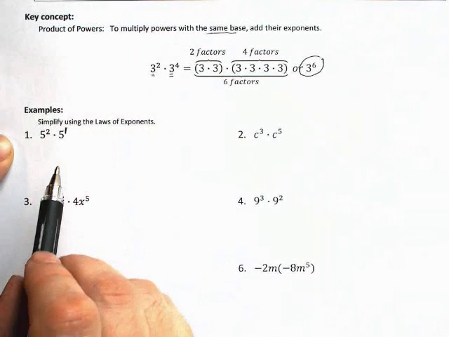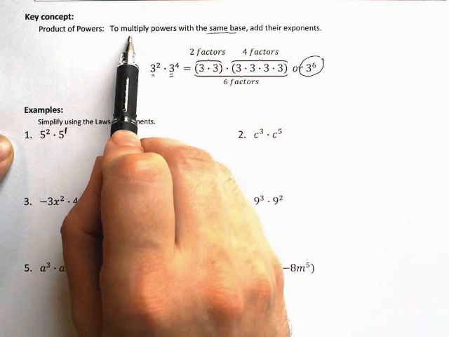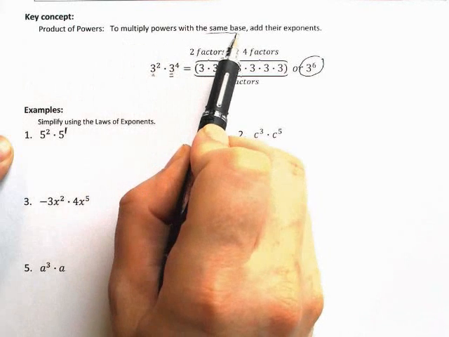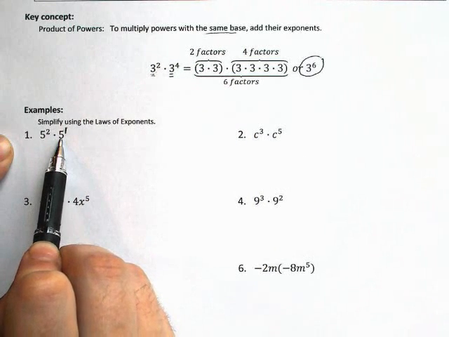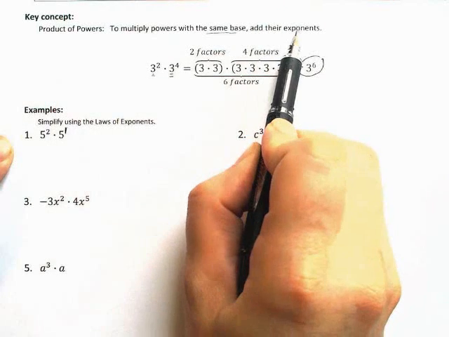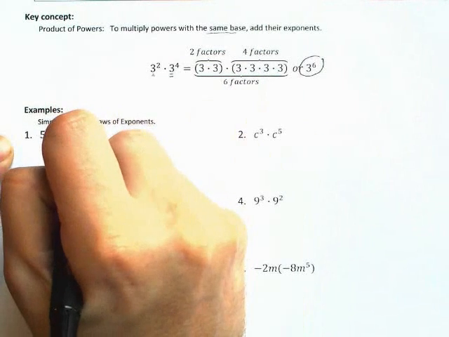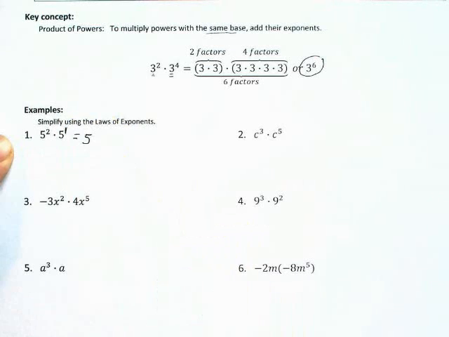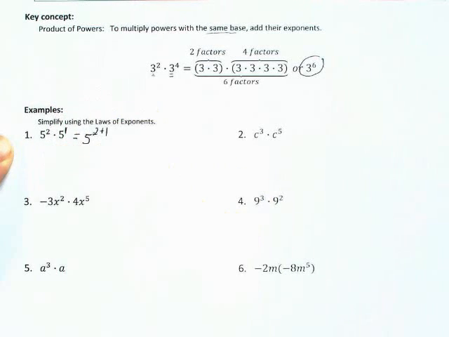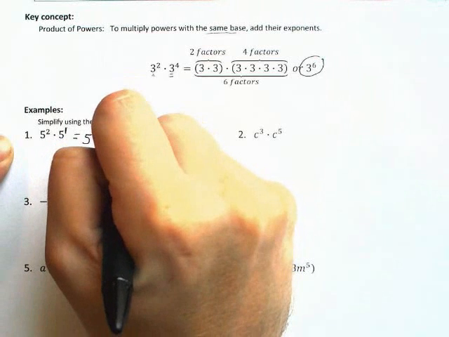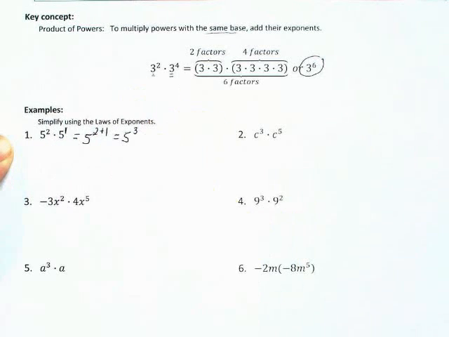Okay? So what the product of powers says, to multiply powers with the same base, and these do have the same base, 5, add the exponents. And so this is going to make the base of 5, and then adding the exponents, 2, add 1, and final answer, 5 to the 3rd power.